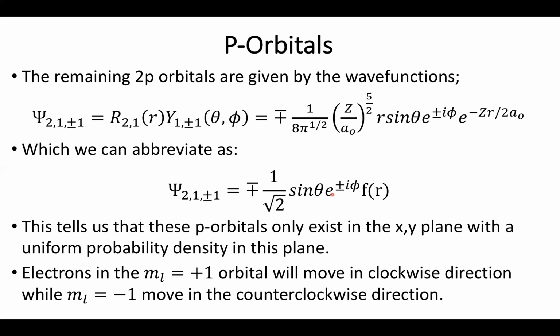If they have a negative m sub l of minus 1, then they're going to move in a counterclockwise direction and generate a negative angular momentum.